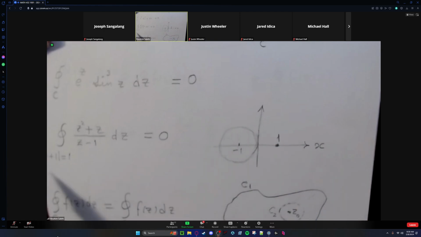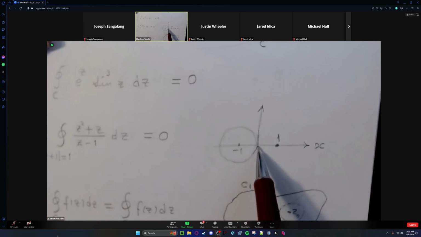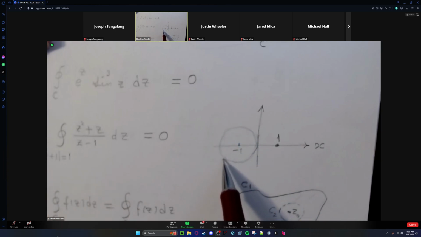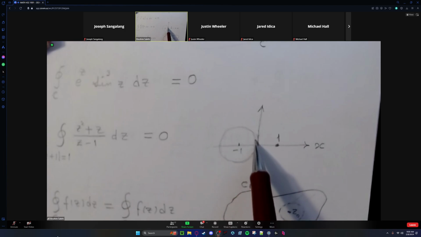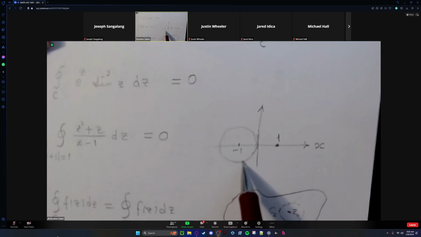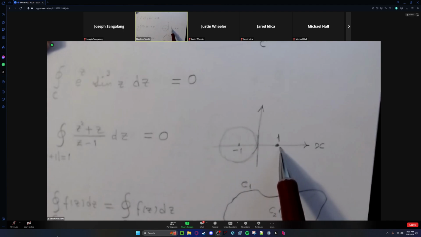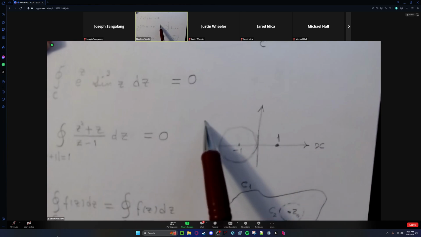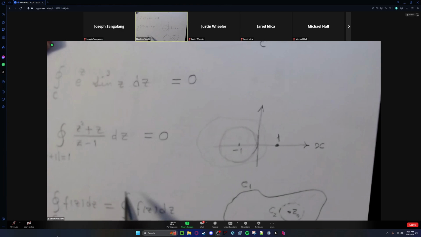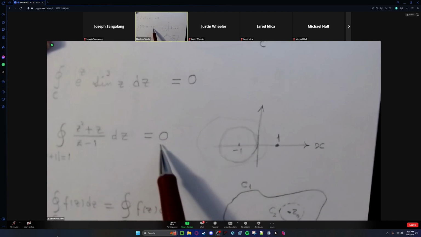I am integrating over this circle centered at -1, radius 1. So this is the closed curve that I'm integrating. The bad point is outside, but the function is a beautiful function in this area, right? So the integral over this, because the function is analytic in this, is 0.